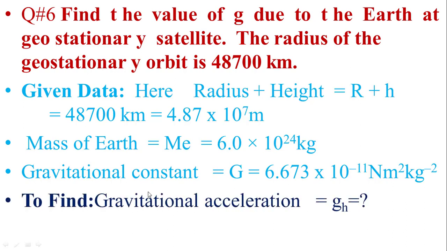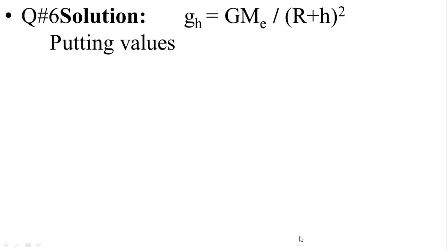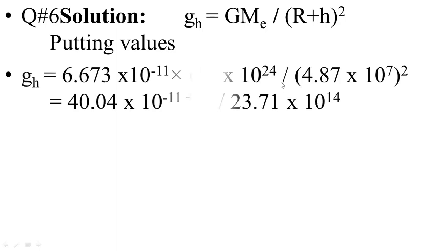To find the gravitational acceleration at height h, gh is equal to question mark. Now using the previous formula, gh is equal to G Me upon (R plus h) whole square. Write the solution.